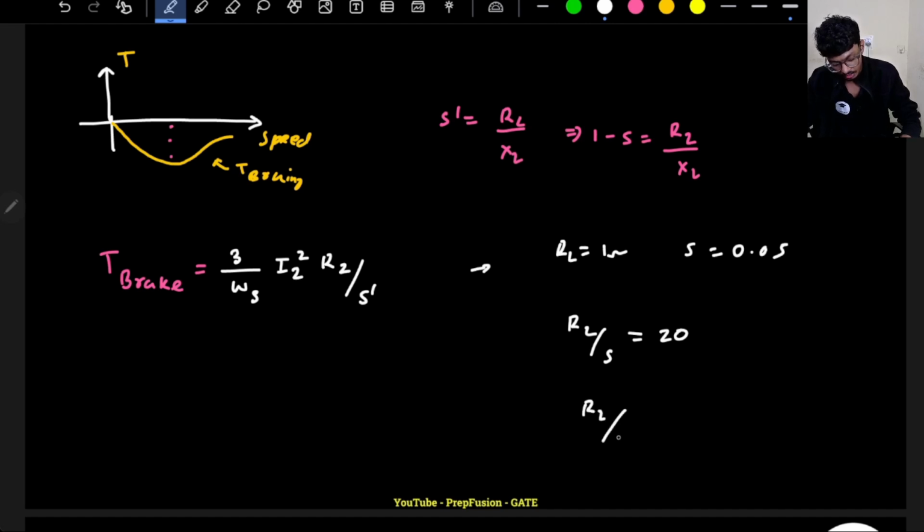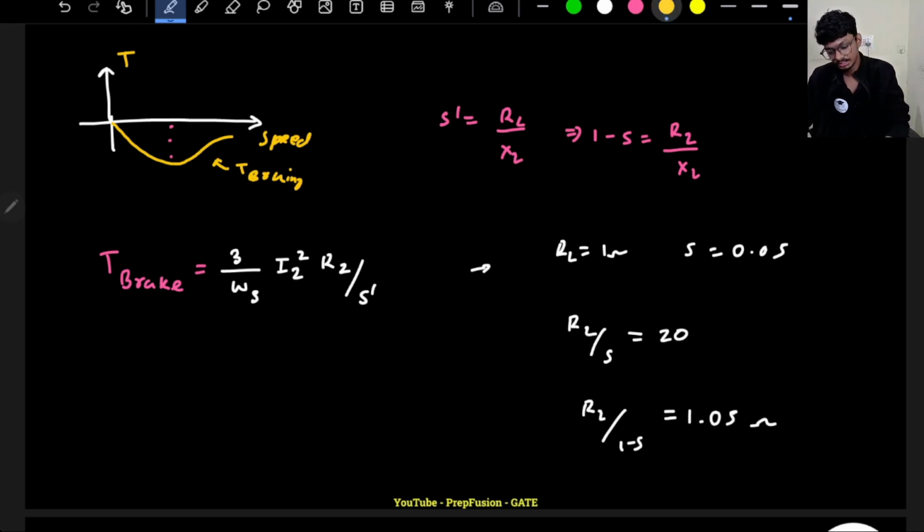It is R2 divided by 0.95, that is R2 divided by 1 minus S, that is S prime. So 1 divided by 0.95, about 1.05. So the load has almost reduced. Does it make sense? Kind of does.